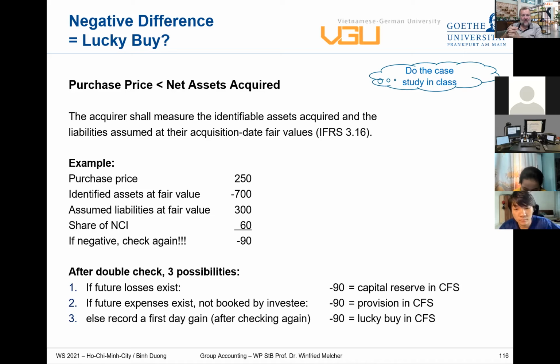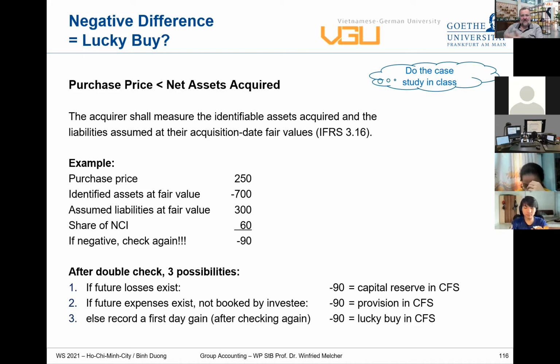So I just did what the IFRS requires from an accountant. If negative, check again. Okay, so I checked again, and well, yes, the difference is negative. I will check the purchase price again. I will check all the identified assets. So maybe I forgot one, maybe a patent that was not sitting on the balance sheet.